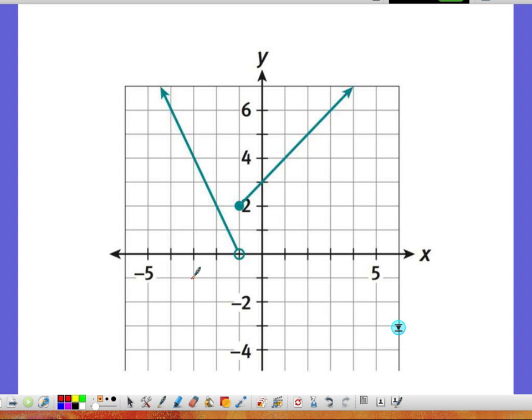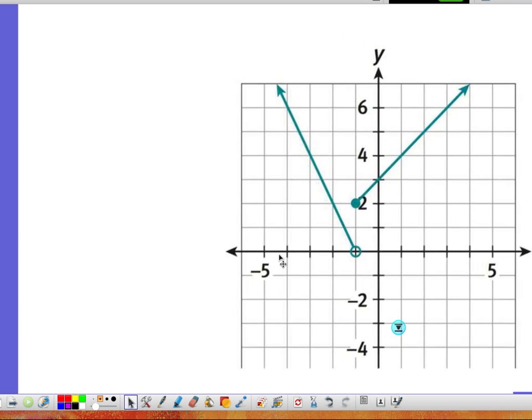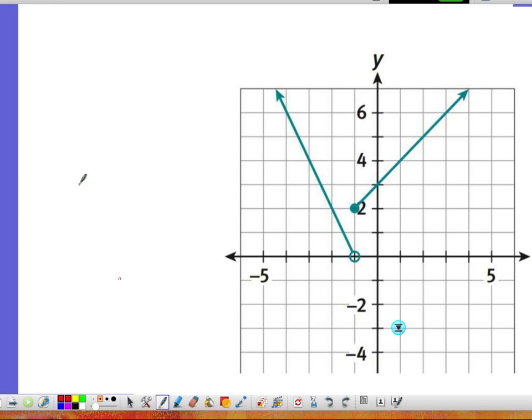Alright, so the first thing we want to do is find the domain, and then we want to find the range. First form we want to find it in is inequality.